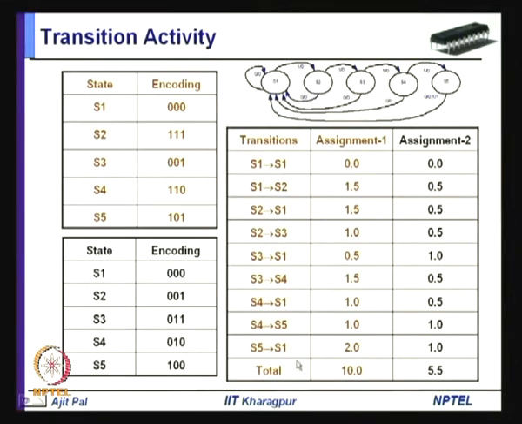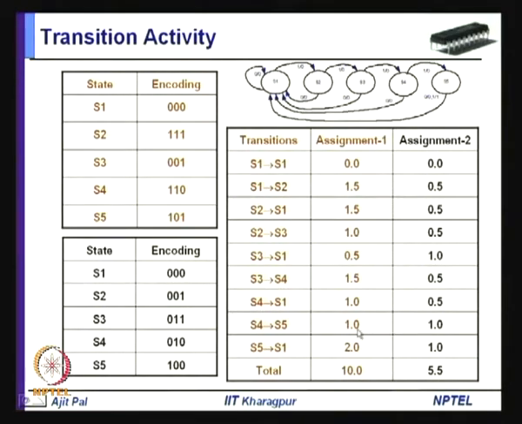So, you can see from S5 to S1, either for 0 input or for 1 input, it will go to S1. So, probability is 1, and in this case the number of transitions is 2. So, 2 into 1 is 2, and on the other hand in this particular case 000 and this is 100. So, the number of transitions is 1.